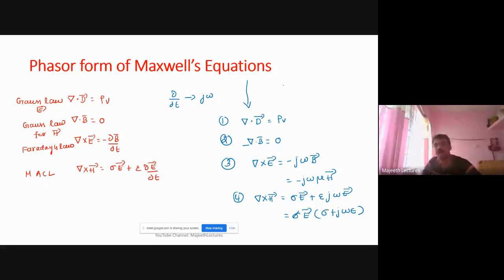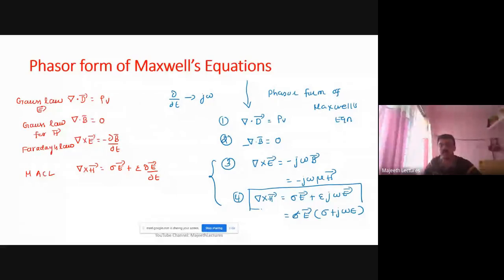This is what we know as phasor form of Maxwell's equation, right? So this we must remember, especially we are going to use these two equations in the later session. So please remember at least this. Del cross H is equal to sigma E plus j omega epsilon E. Fine?